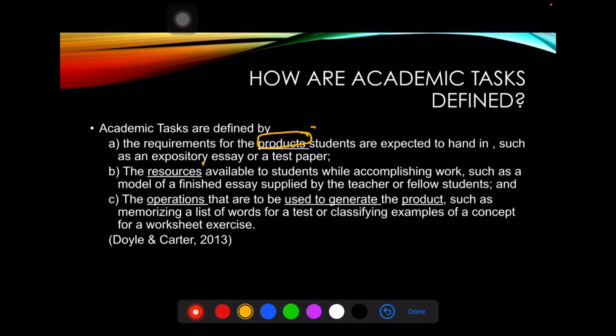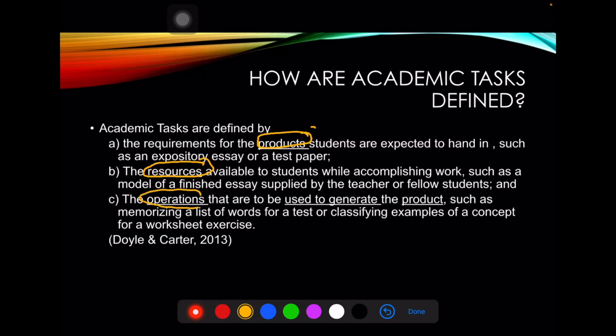Second, it is defined by the resources available for the students to complete that work. For example, I've given you a look into a model essay, a sample report, sorry, and also some guidelines. And then the operations.